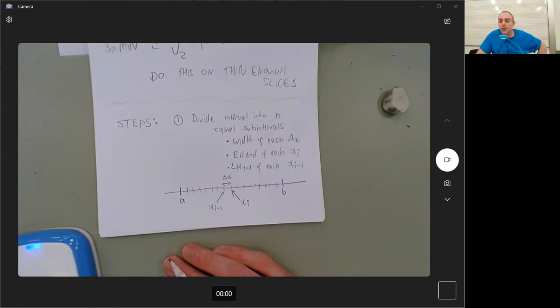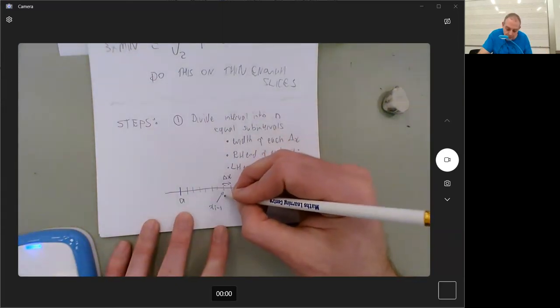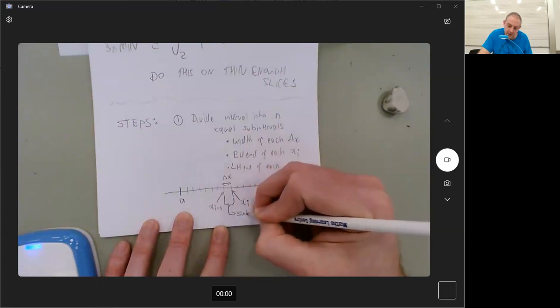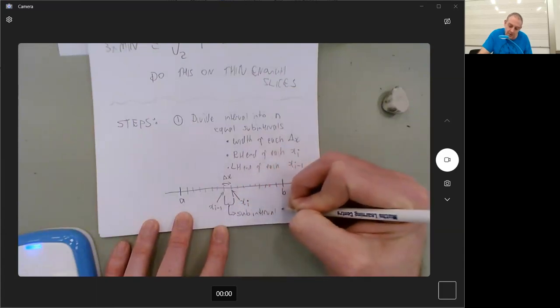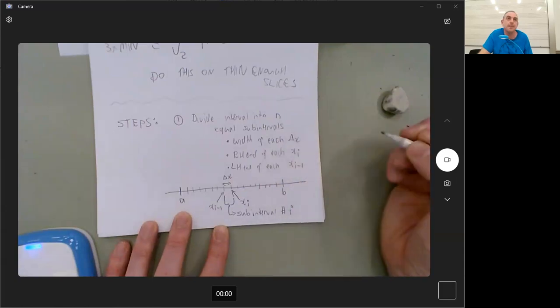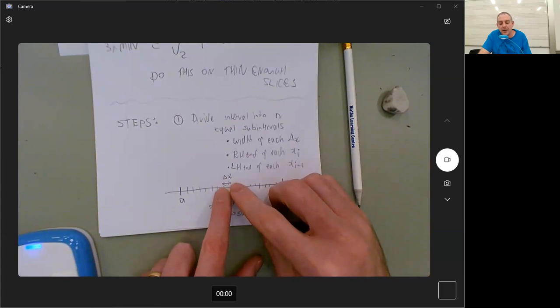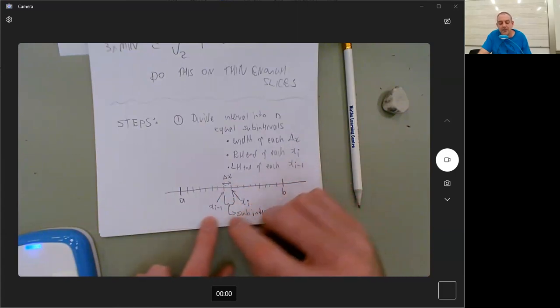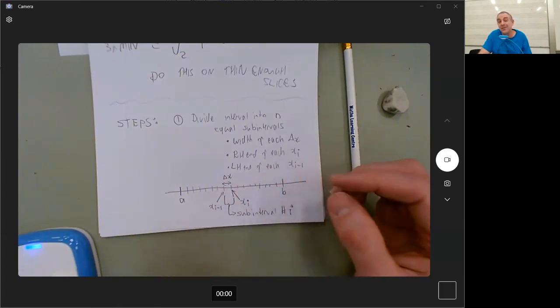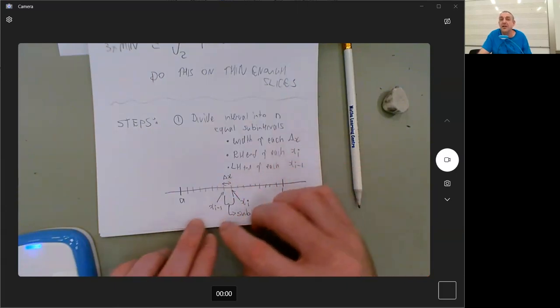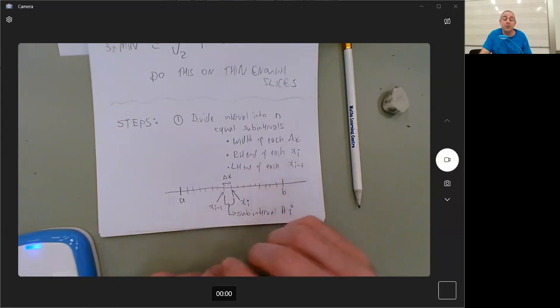The I stands for which interval I am up to. So this thing here is subinterval number I. So subinterval number 1 is delta x wide, and it finishes at x1 and starts at x0. And subinterval number 10 is delta x wide, and it finishes at x10 and starts at x9. And subinterval number 20 finishes at x20 and starts at x19.